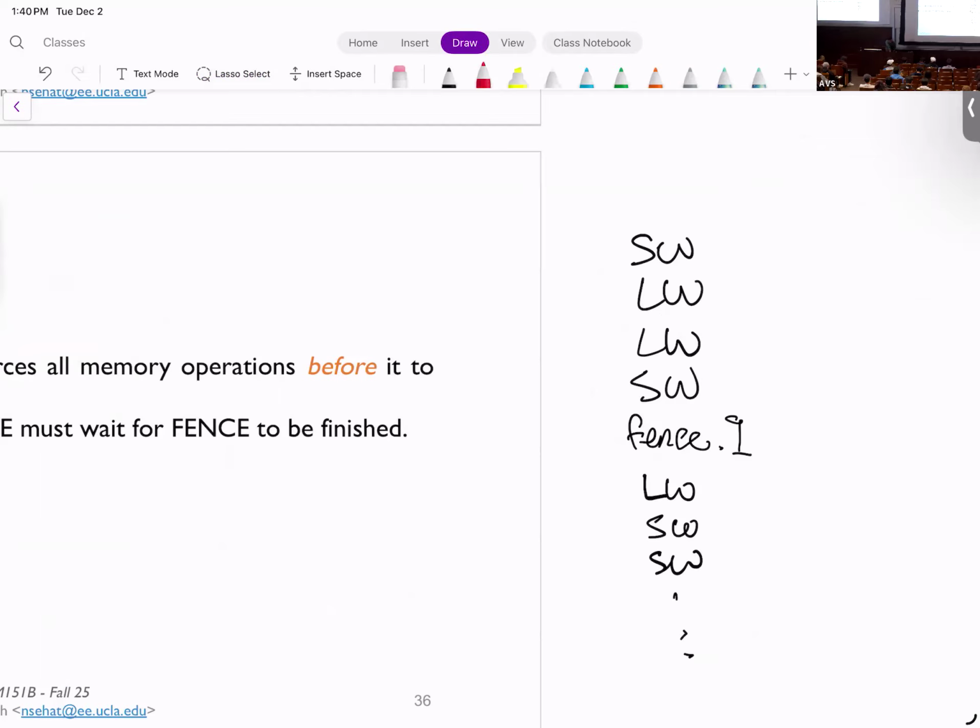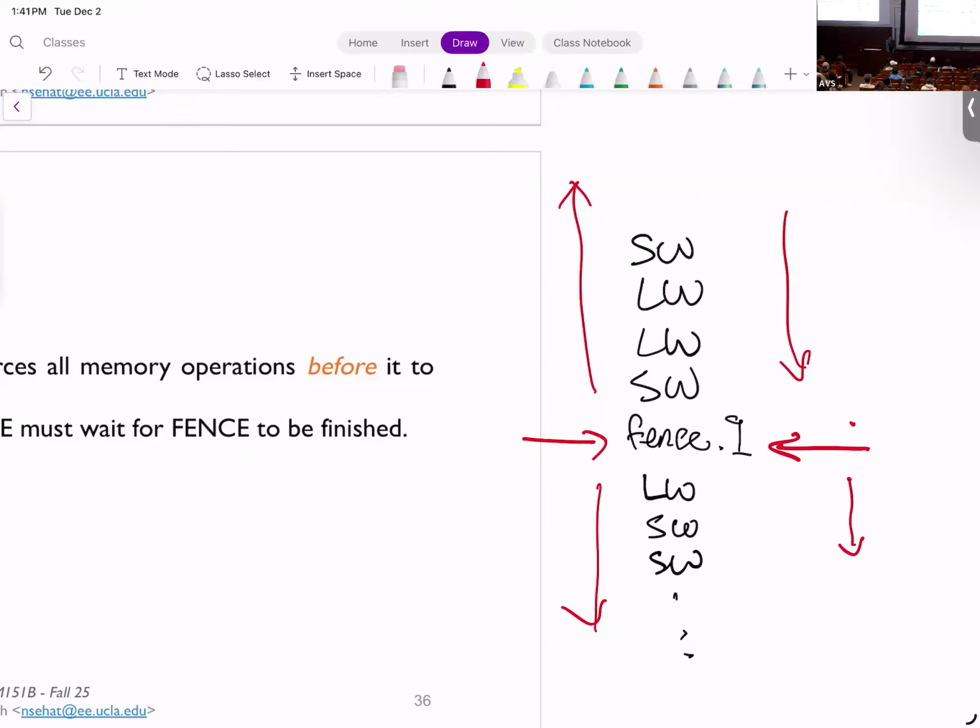So what will happen is that the fence instruction, particularly this fence instruction in RISC-V, says that I don't care what happens prior to the fence. You can do whatever reordering based on your memory model. I don't care. Do whatever you want to do. Also, you can do whatever reordering after it. But what this says is that at this point, all the reads and writes should be finished before these can continue.